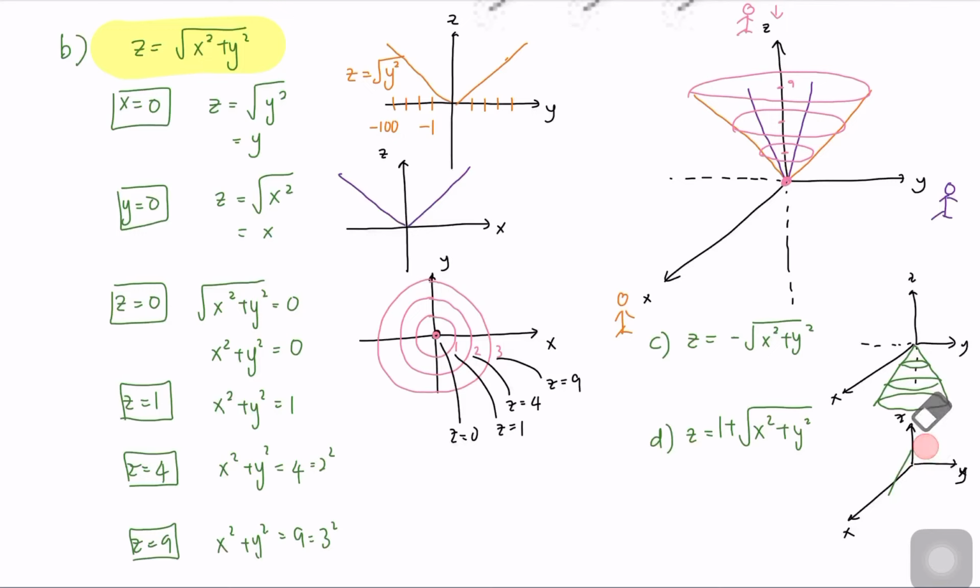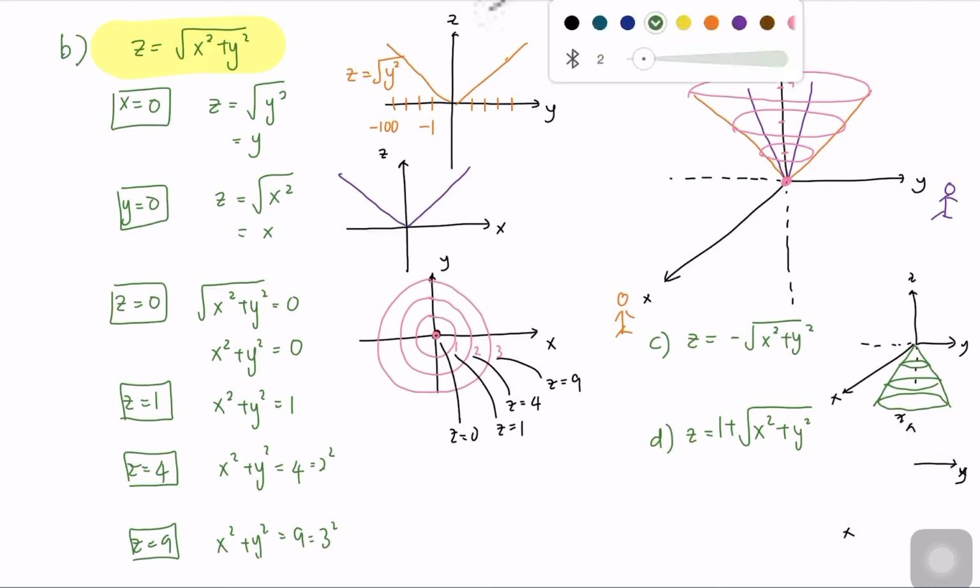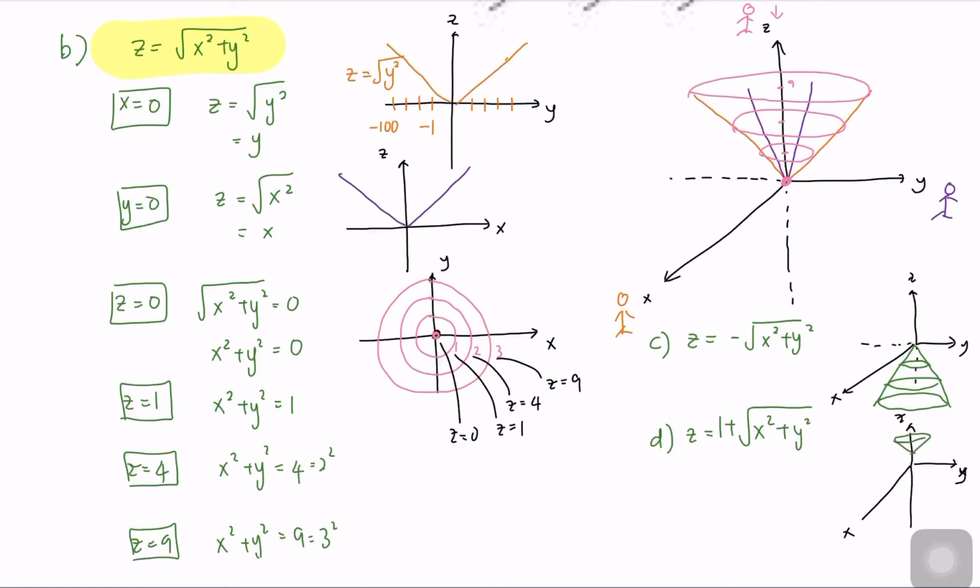So positive means you will have it like this, but it's shifted 1 unit, so here is 1. It shifts up.